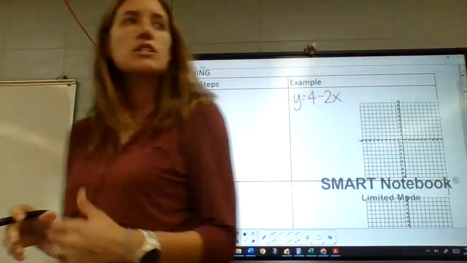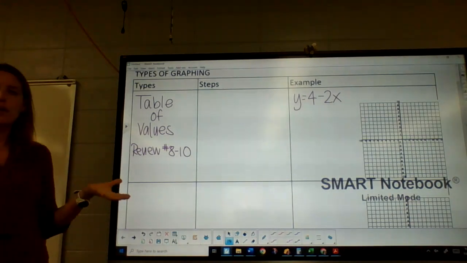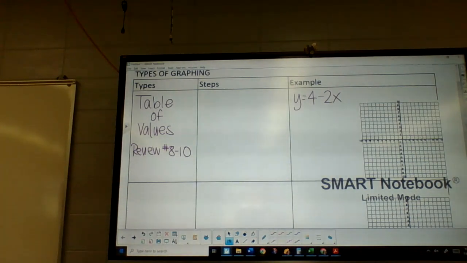So my equation is 4 minus 2x, and we're going to graph this using a table of values. In order to graph using a table of values, basically we want to pick whatever x values we want.